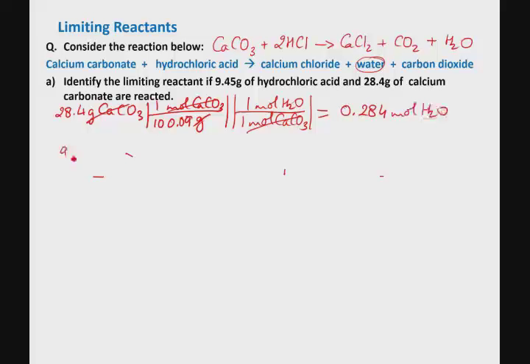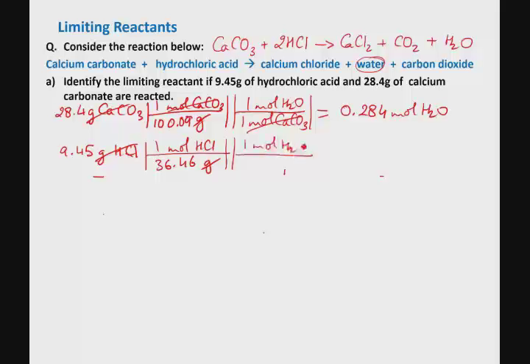similarly 9.45 grams of HCl, 1 mole of HCl, 36.46 grams of HCl, that's the molar mass, and then 1 mole of H2O from 2 moles of HCl from the balanced reaction equation.